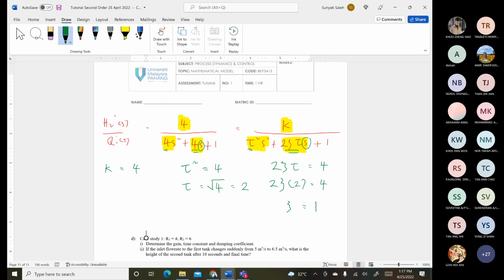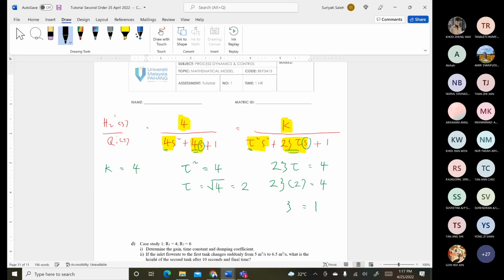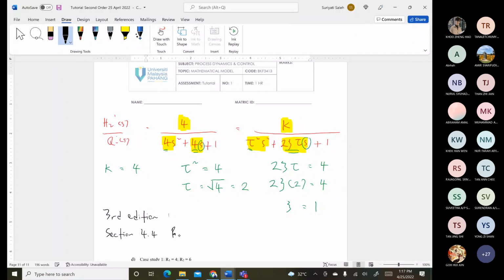So for the other symbol you can refer to the textbook. This one is the third edition. The second order, starting from section 4.4, page 66. So you can refer to the textbook.